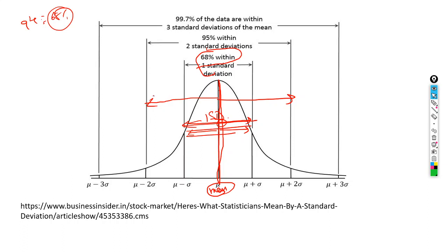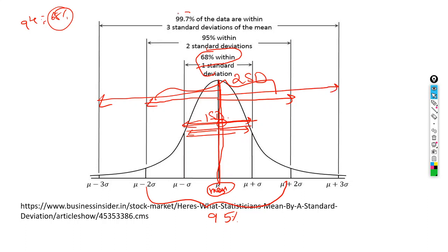So this part is called the second standard deviation. 95% of the data values fall in the second standard deviation, and the third standard deviation means three steps from the mean value. 99.7% of the data are within the third standard deviation.